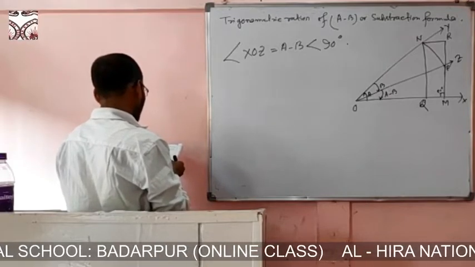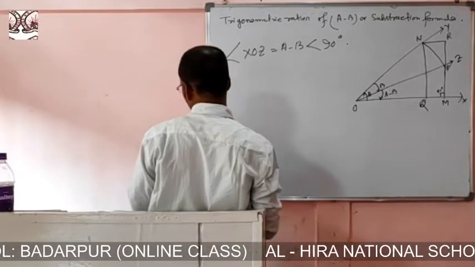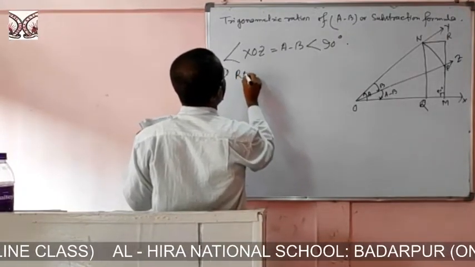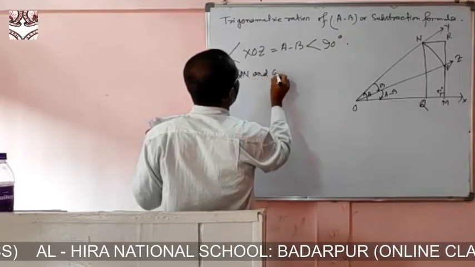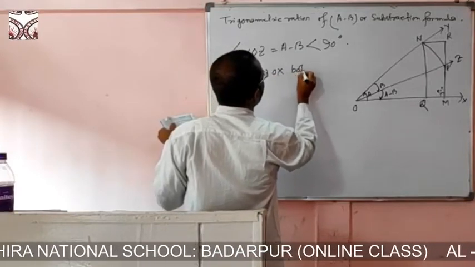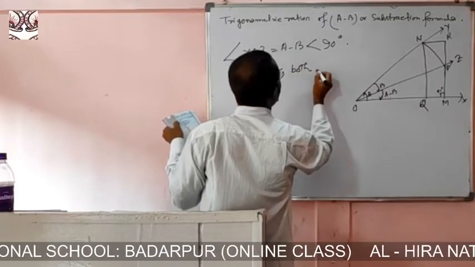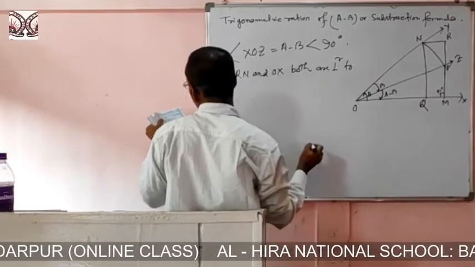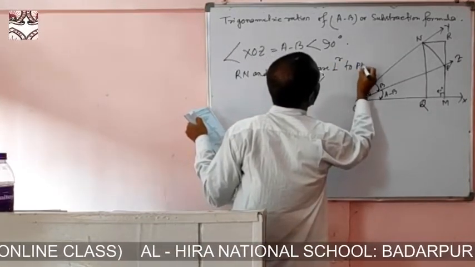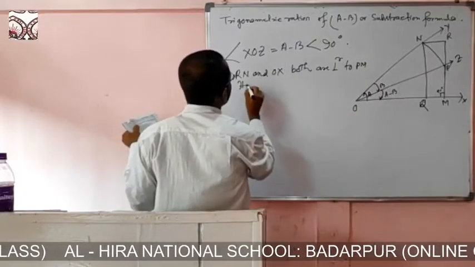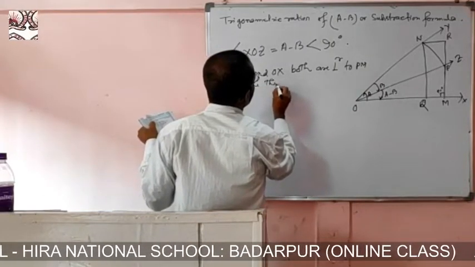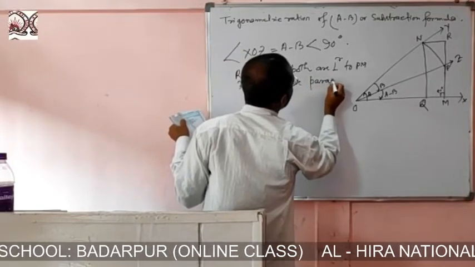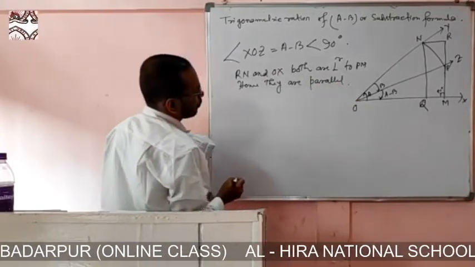From the figure you see RN and OX are both perpendicular to PM, hence they are parallel.